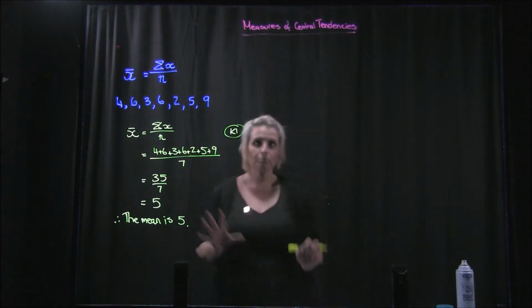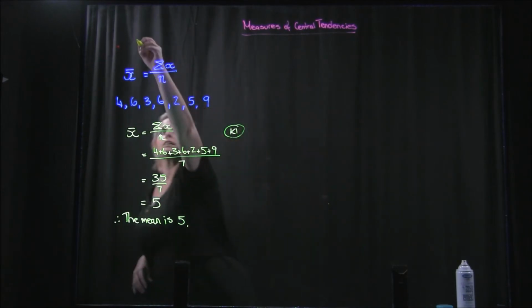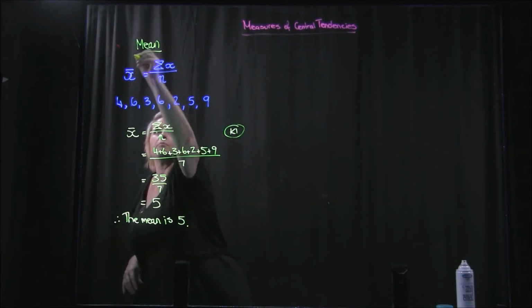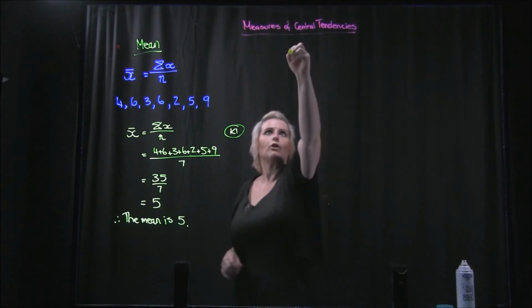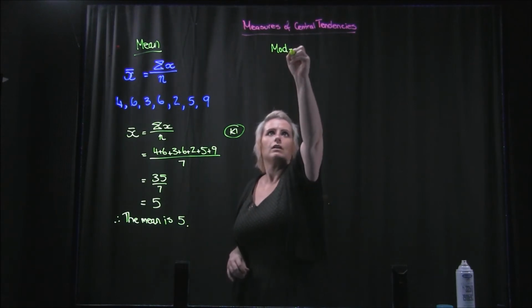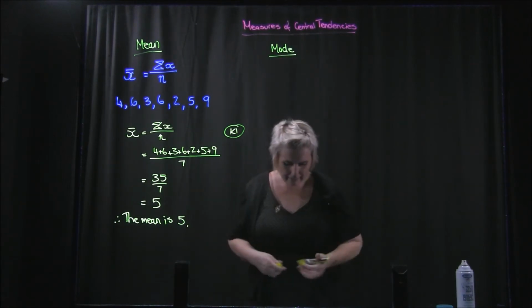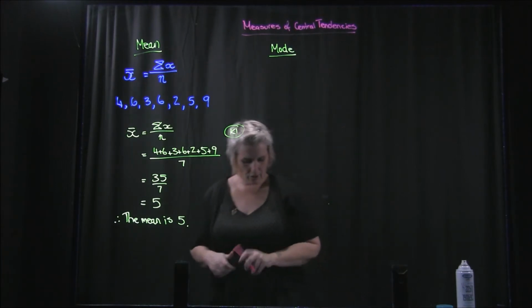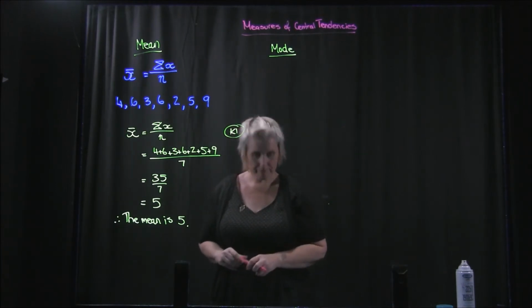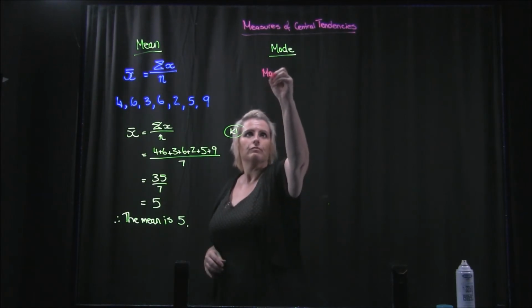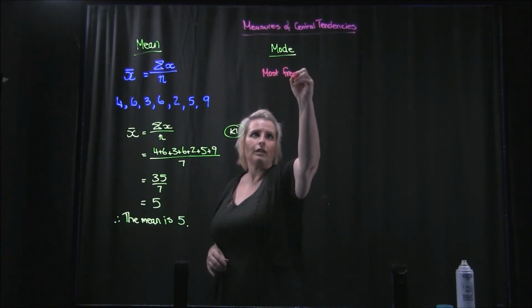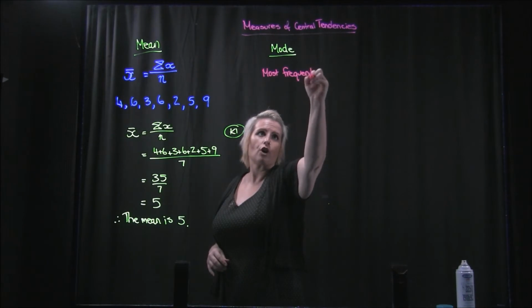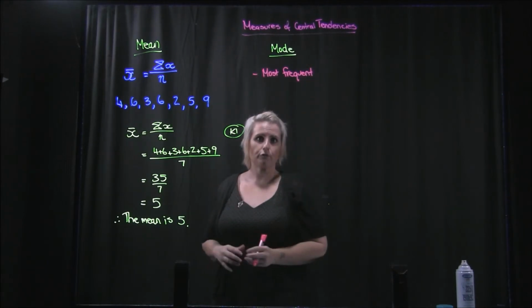Okay, next, mode. Let's actually put that mean, or average. Mode. Basically, mode or modal score is the most frequent. So all you need to remember is it is the score that occurs the most frequently.